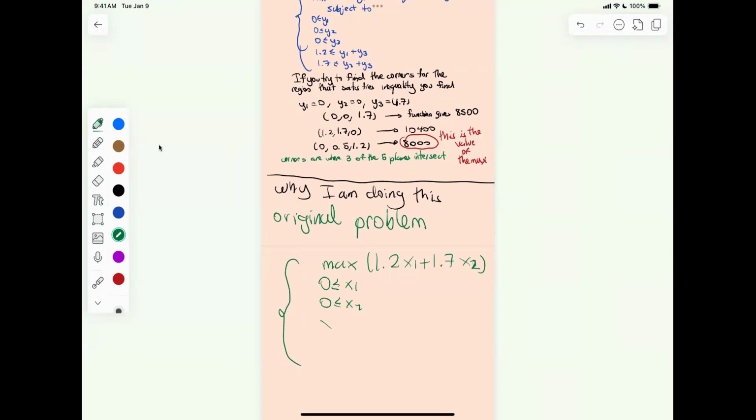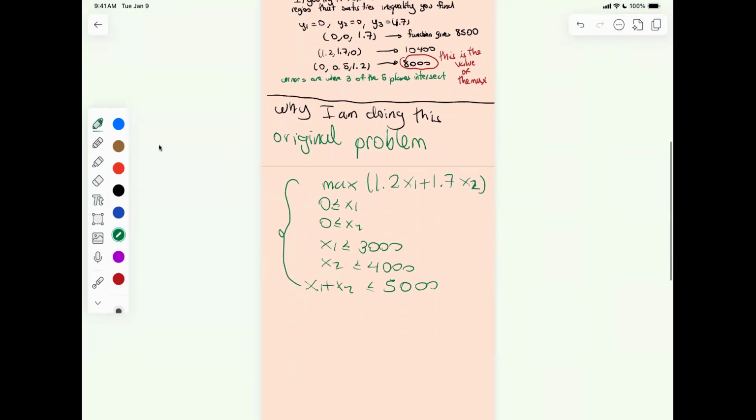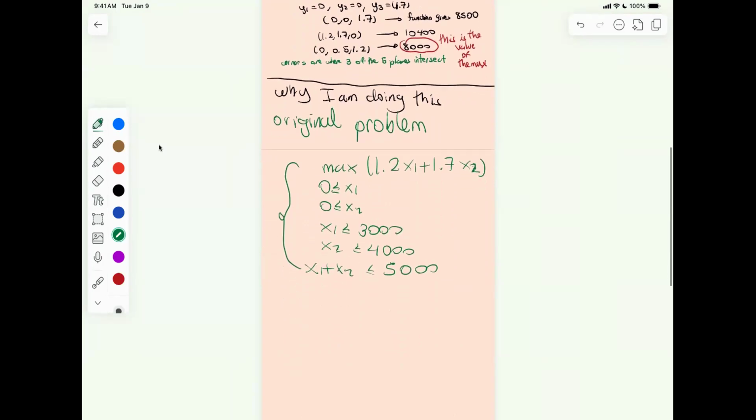Then you wanted x1 to be less than 3,000, if I'm not mistaken, x2 to be less than 4,000, and the sum to be less than 5,000.